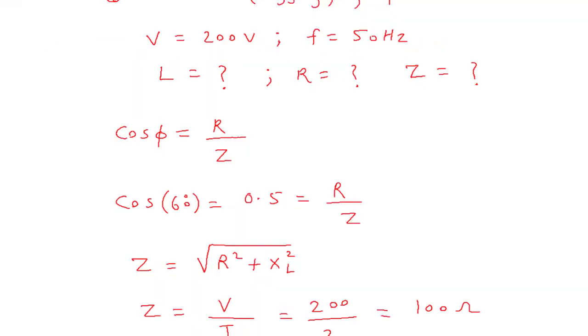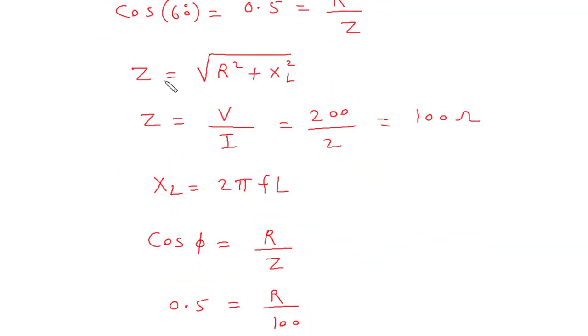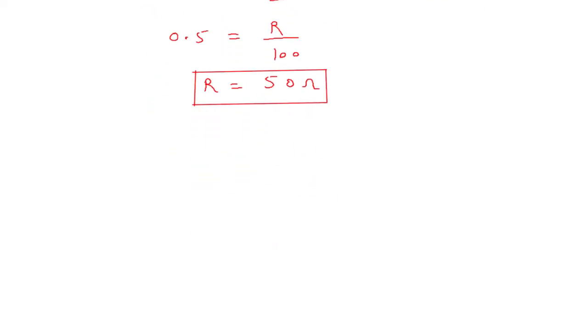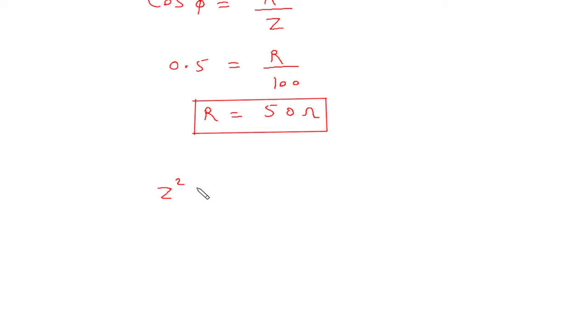Now we have the value of resistance and impedance, so we can find the value of XL. Z square is equal to R square plus XL square. Therefore XL square is equal to Z square minus R square.